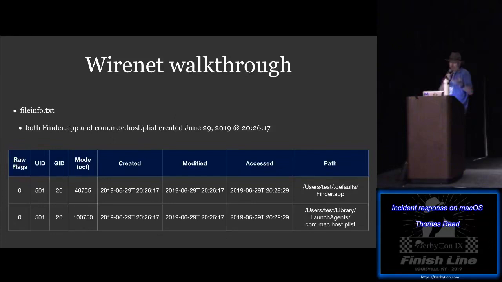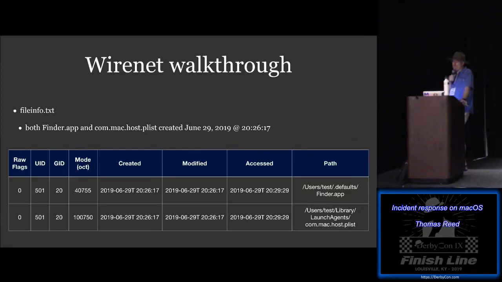So we want to find out a little bit more. A good place to go is the file info, all that enumeration of all the different files on the system, and that'll give us information about when those files were created, when they were dropped on the system. And you can see that they were created at about 8:26 p.m. So that's good information.